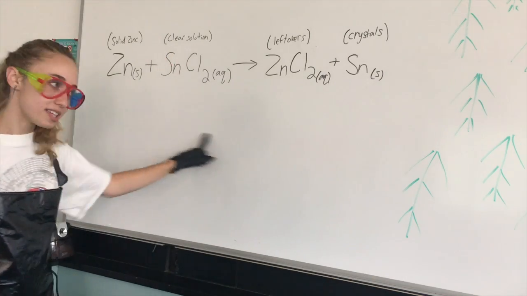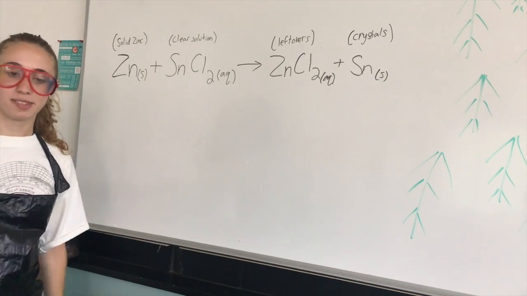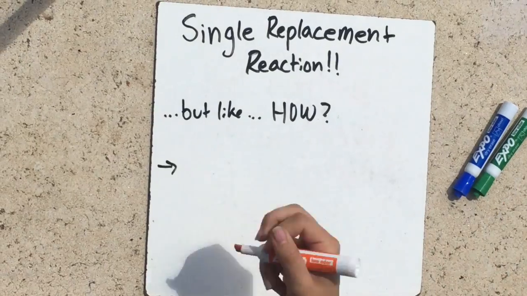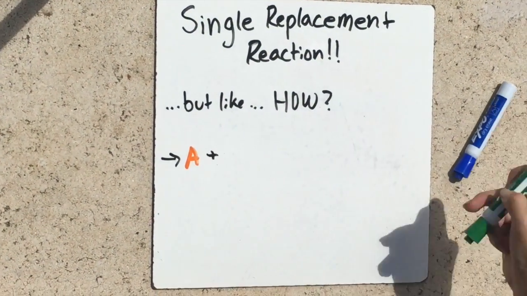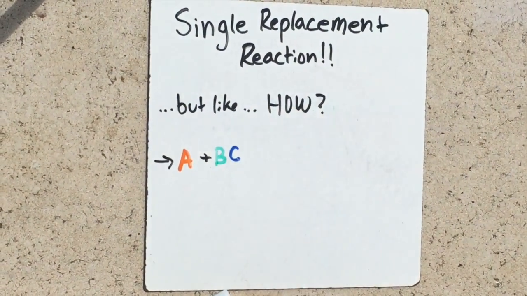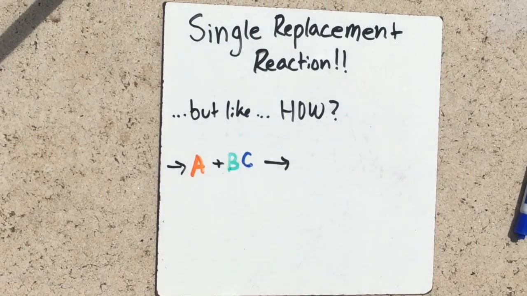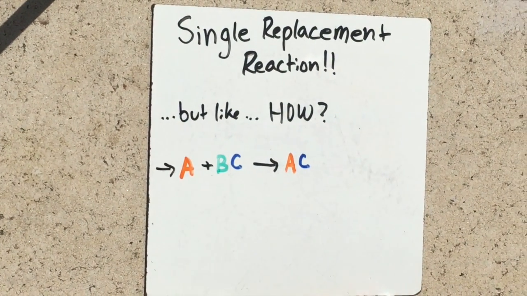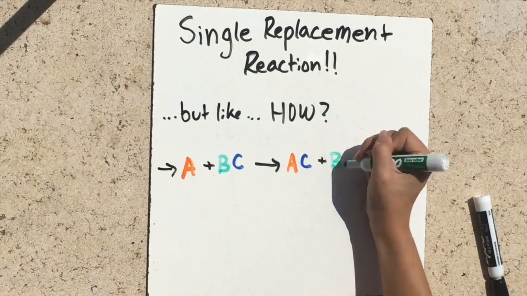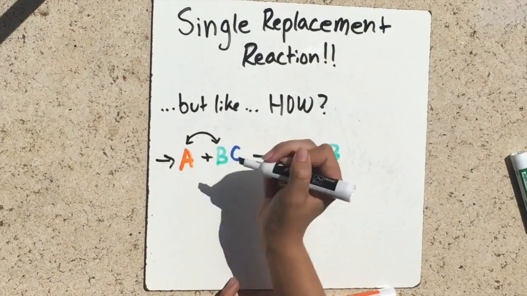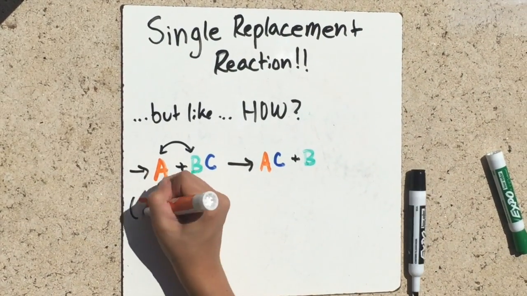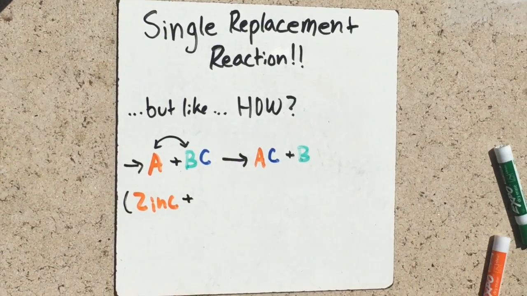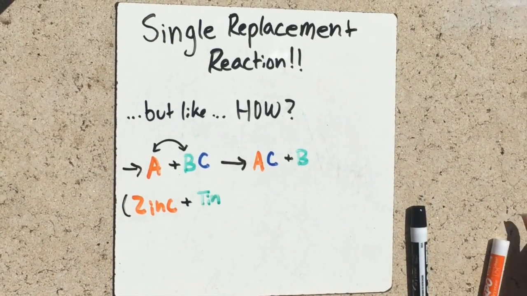We'll explain more what a single replacement reaction means in a minute. We're going to demonstrate what a single replacement reaction looks like using the letters A, B, and C. In this reaction, A replaces B. Here is what it looks like when applied to our reaction.